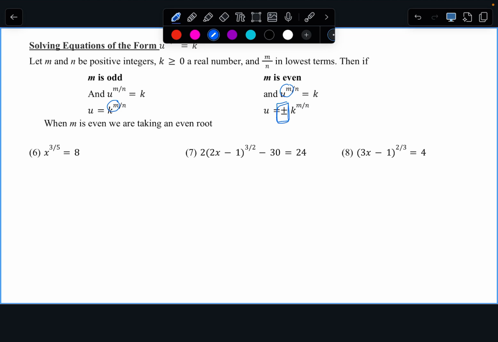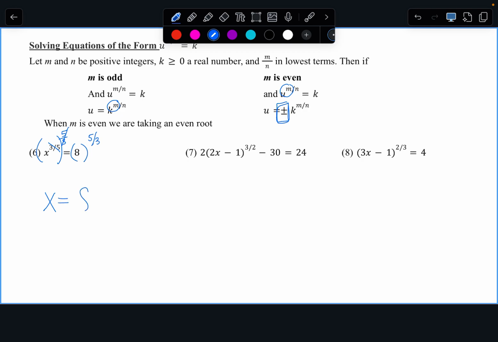So our goal is to get the x to whatever power by itself. It's already that way in number 6. So what we're going to do is raise both sides to the 5/3 power. So that cancels.